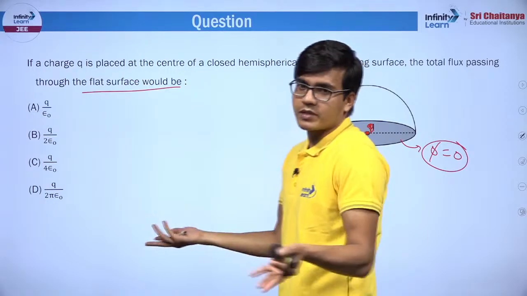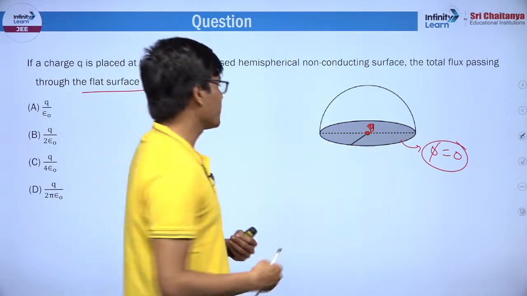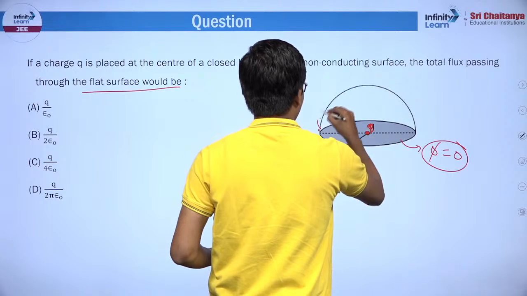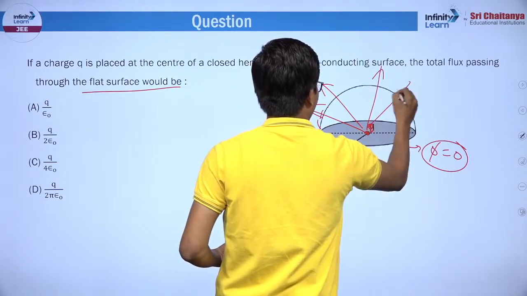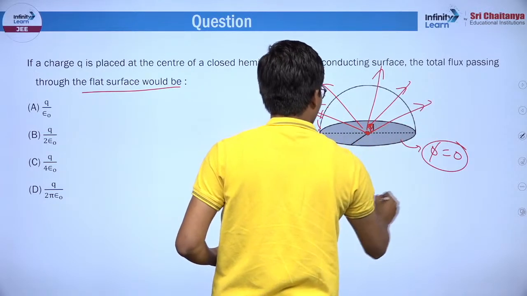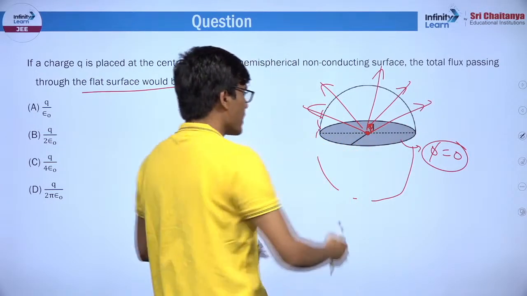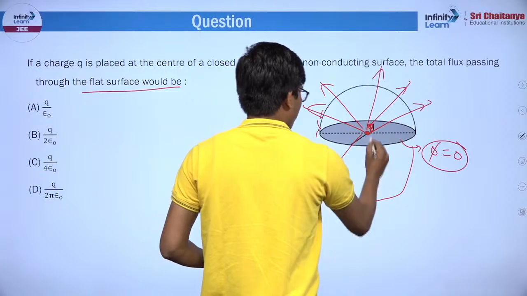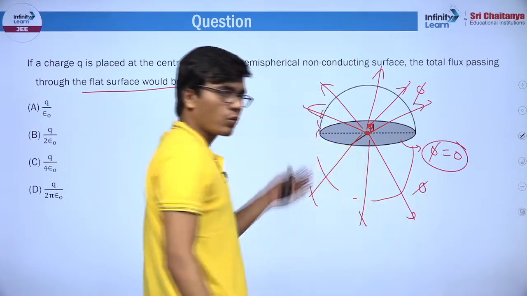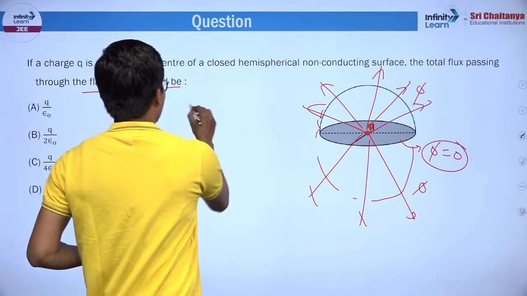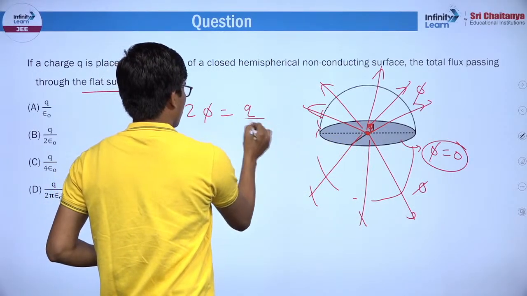So intuitively, what we find is that it is 0, so they must have asked the flux from only this curved surface, and to find the flux through this curved surface you must have a closed surface to apply a Gaussian surface. And by symmetry you can say if phi is the flux through the upper sphere, phi will be the flux through the lower sphere, and by the Gauss law 2 phi is equal to q in by epsilon naught.